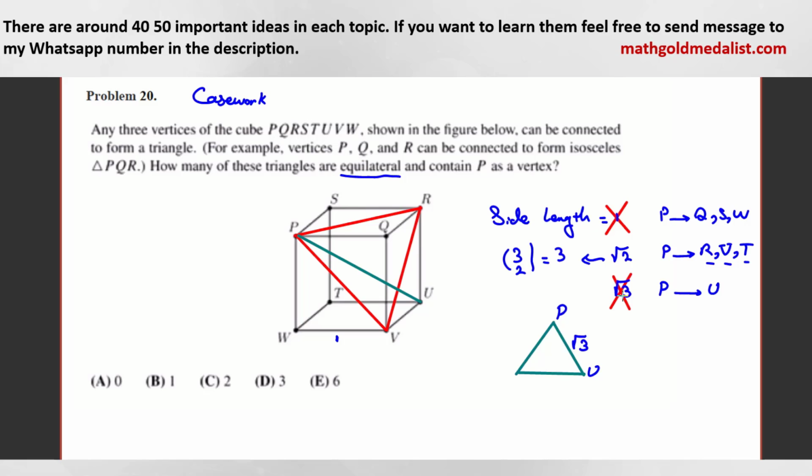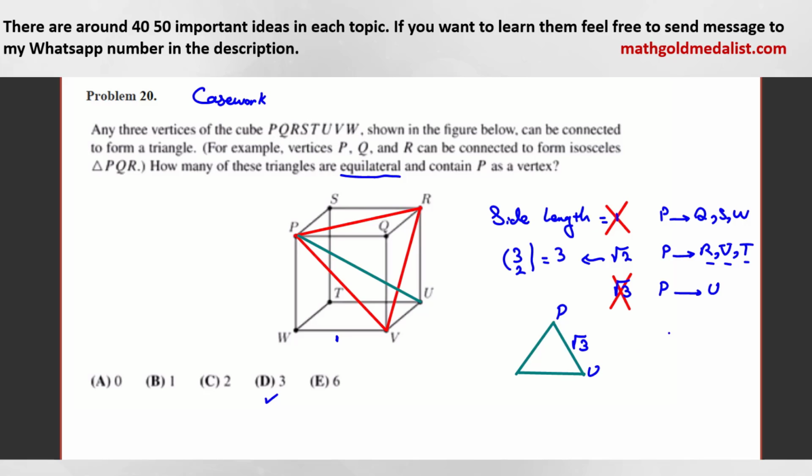So the answer will be 3. Okay? It was an easy casework problem, but because the cases were easy, in some problems we have more cases. And one thing, it was related a bit to 3D geometry, basic things.